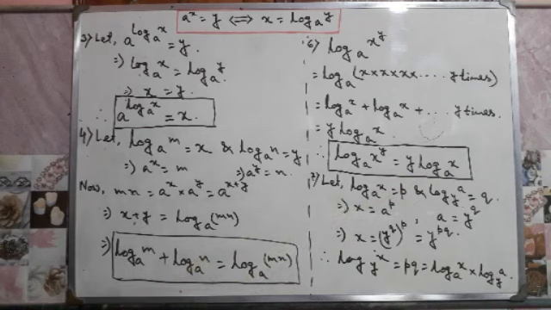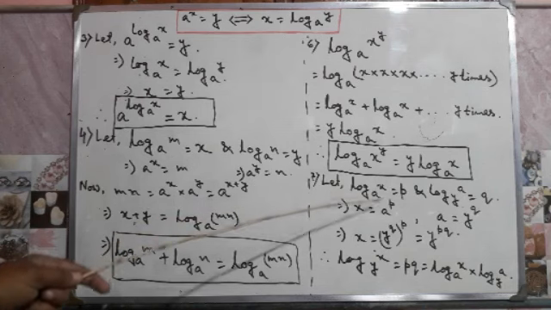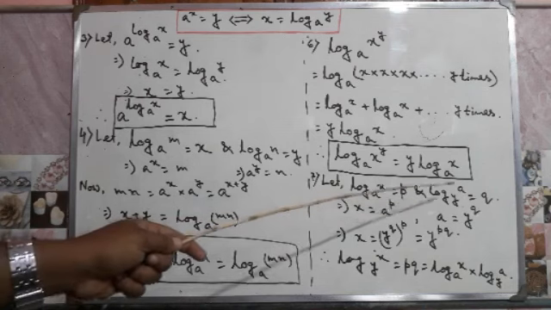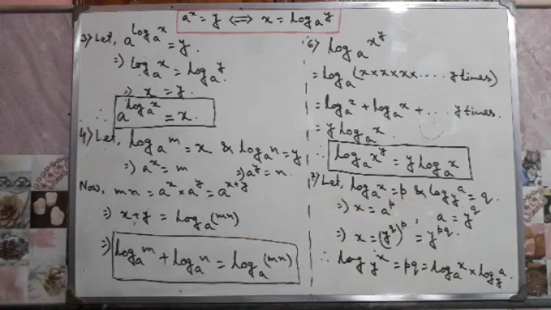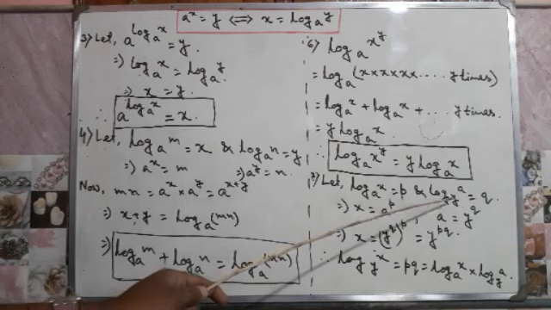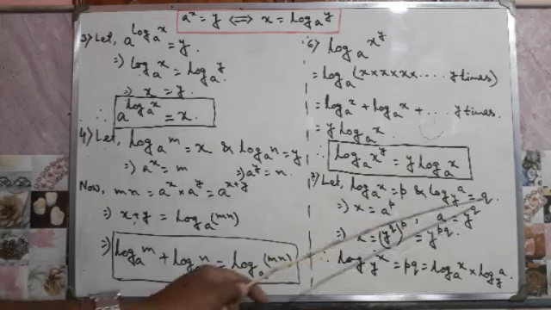Next property, that is log x to the base y is equal to log x to the base a into log a to the base y. Let us prove this one. So again let log x to the base a be equal to p and log a to the base y be equal to q. So from this one we can say that x is equal to a to the power p, and from this one we can say that a is equal to y to the power q.